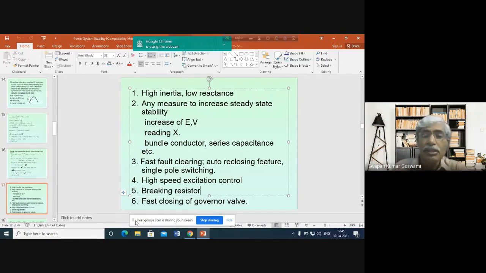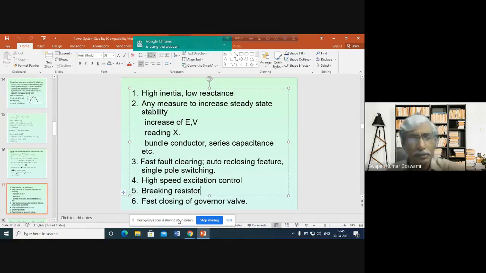So fast closing of the generator governor steam valve can be the best method for improving stability, but not much success has been achieved here. Or we can use a bypass valve through which a part of the steam may be diverted in a different path. Instead of entering the turbine, it will be bypassed to some other places. Then this type of method may work. So these are the methods generally that may be employed for improving the transient stability.